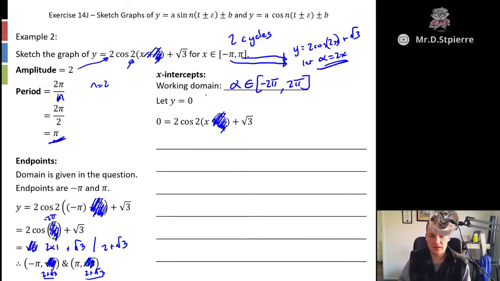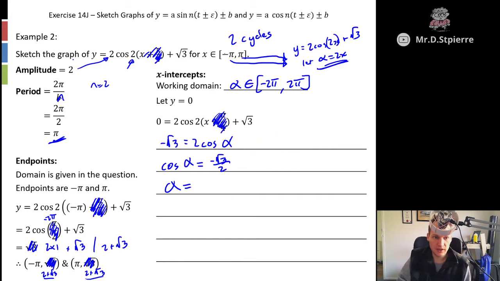So to find our x-intercepts, we let y equal 0, so we're left with negative root 3 equals 2 cos alpha, so cos alpha is equal to negative root 3 on 2. So we need a horizontal component of negative root 3 on 2.